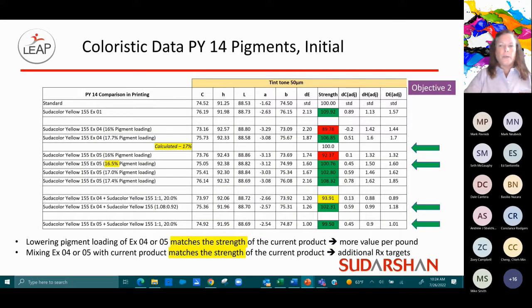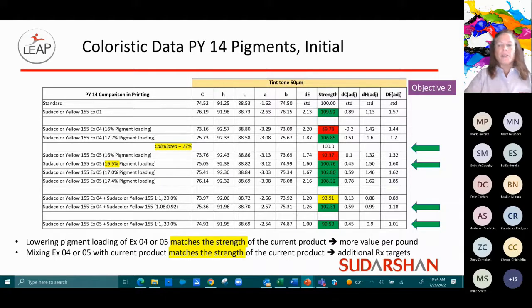Going on to objective number 2, obviously we were able to match the strength with a couple of the experimental samples. So again, we were getting more value per pound of pigment in this particular case, and both of the mixture samples did also provide us with equivalent strength.